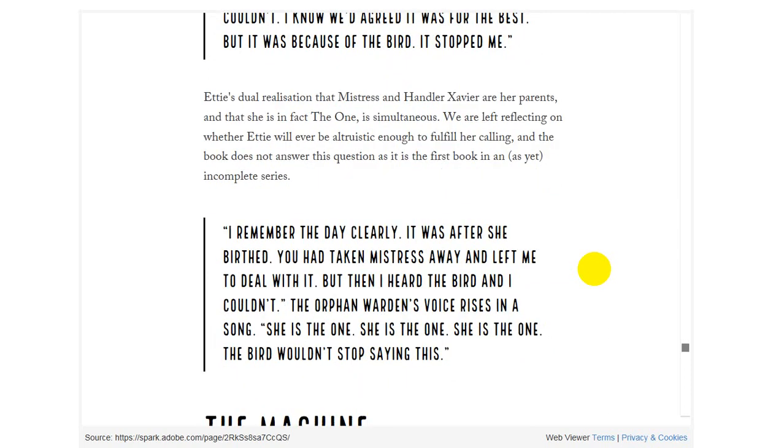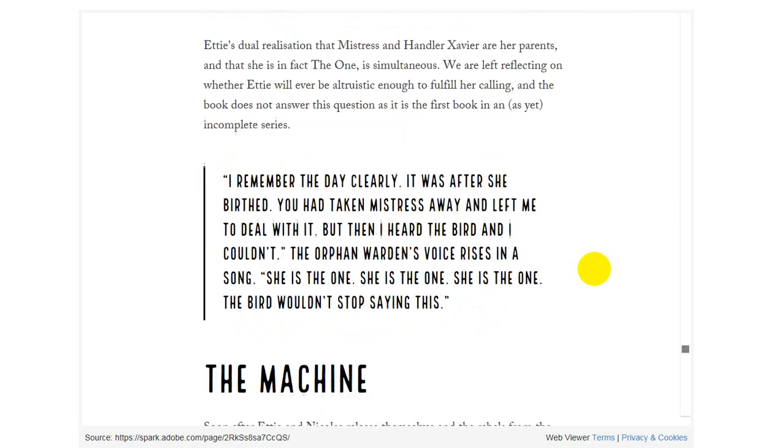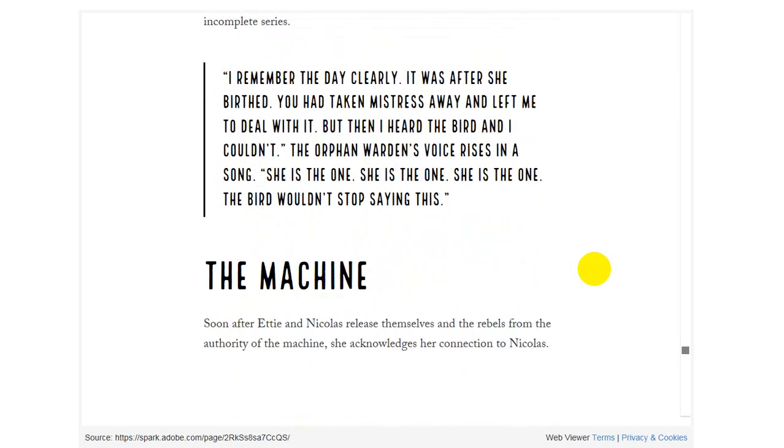And so Etty realizes who her parents are and that she is the one, sort of all at once, because she overhears the conversation. She's been called to the orphan warden's deathbed.